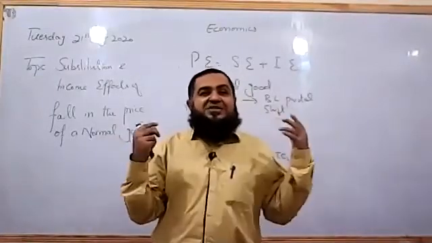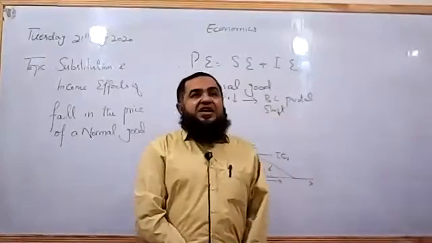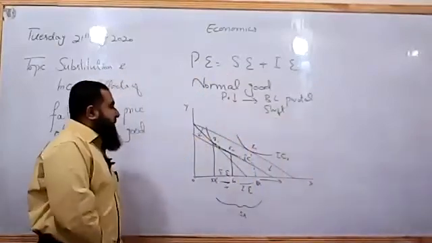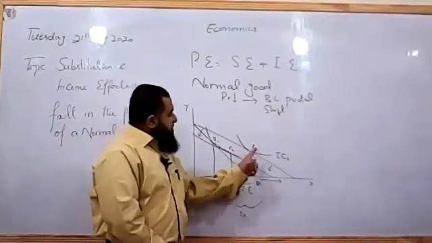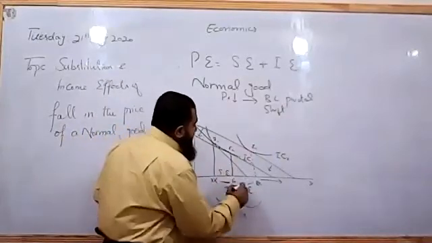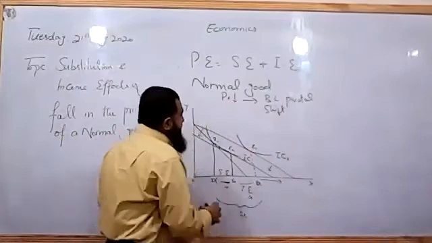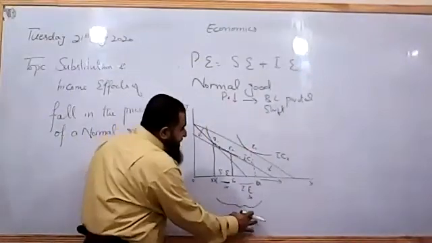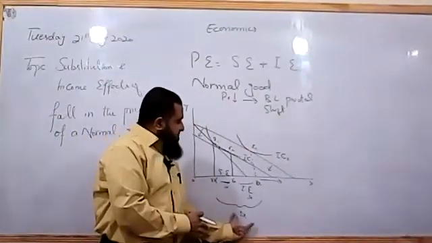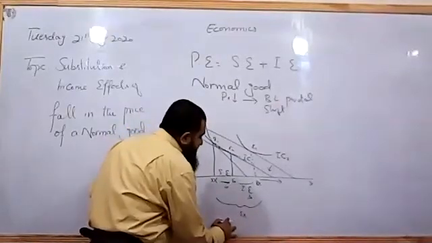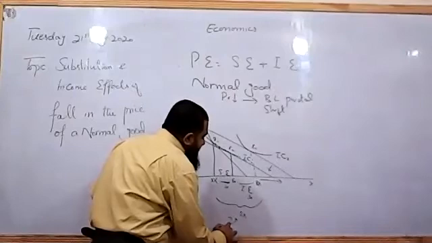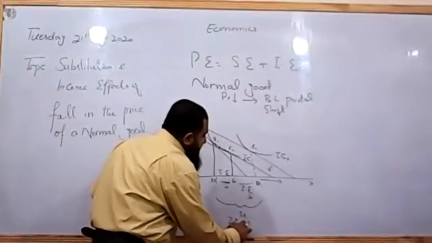When the price of X decreases, his real income or real affordability has increased. So from E2 to E3, how many units is he further increasing? They are 3X. So the total effect of the fall in price is 5X. Out of these 5, 2X are the substitution effect plus 3.